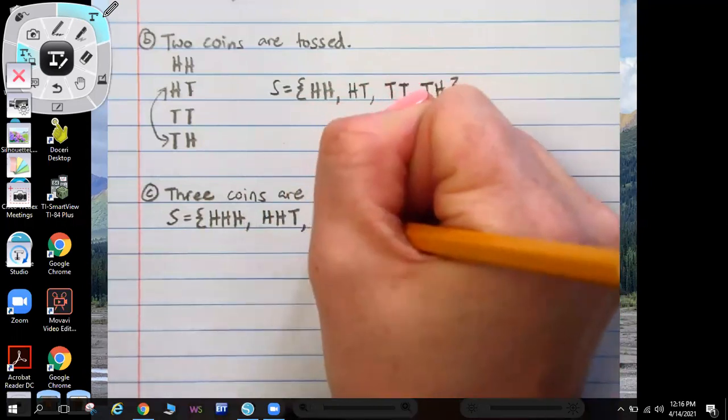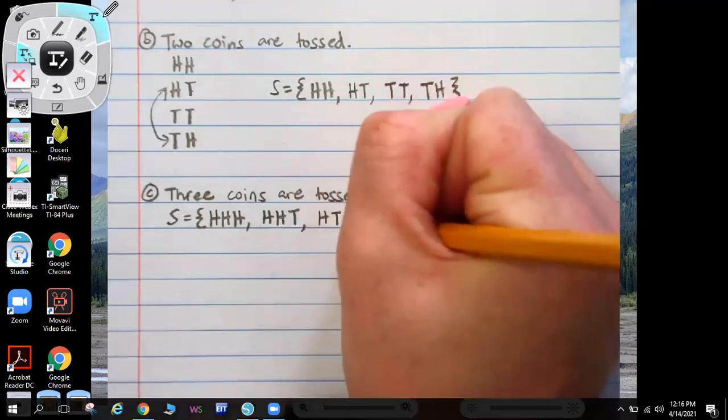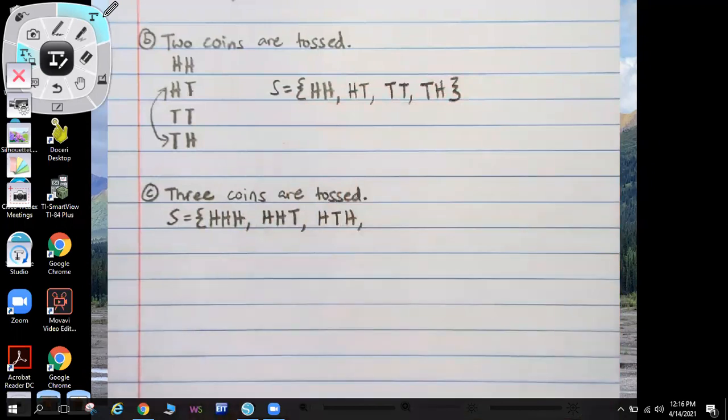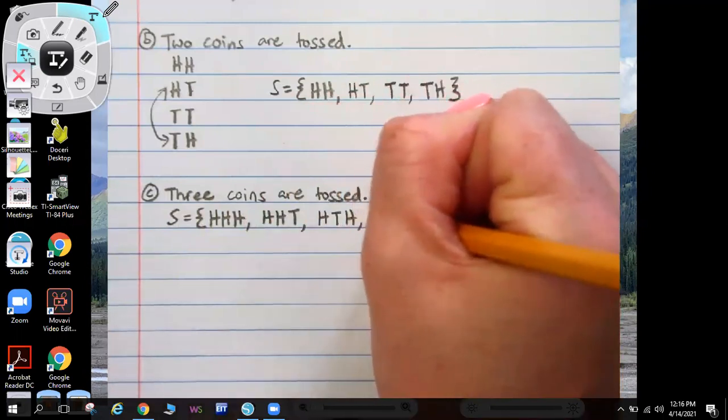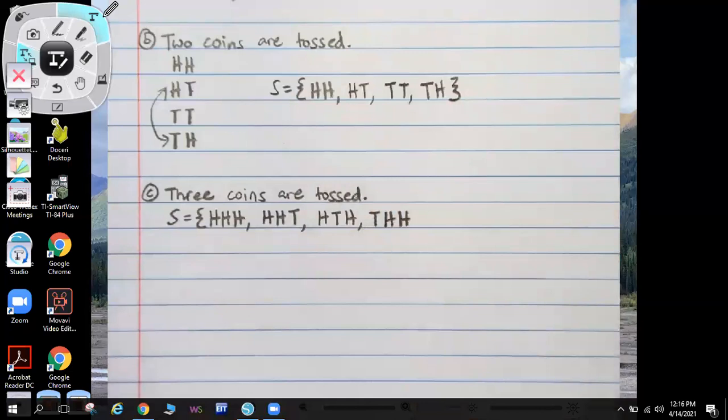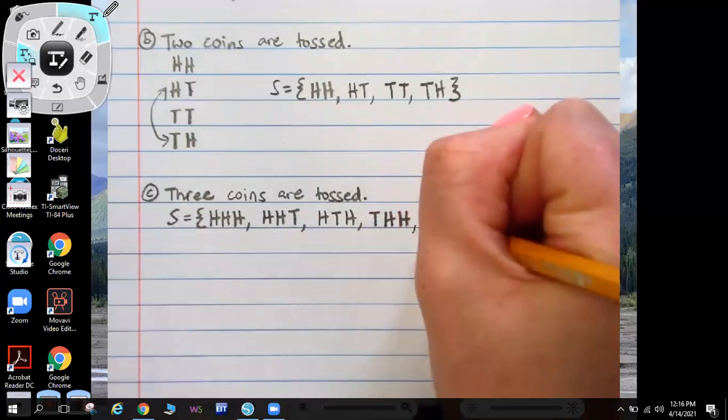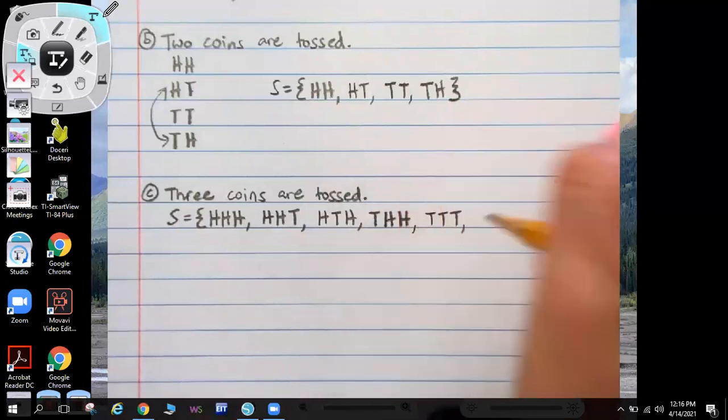We could have heads, tails, heads. And we could have tails, heads, heads. We could have all 3 of them land on tails.